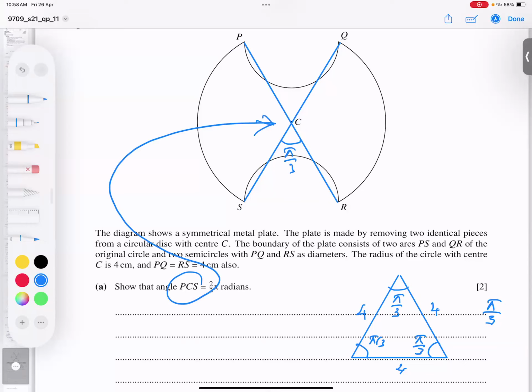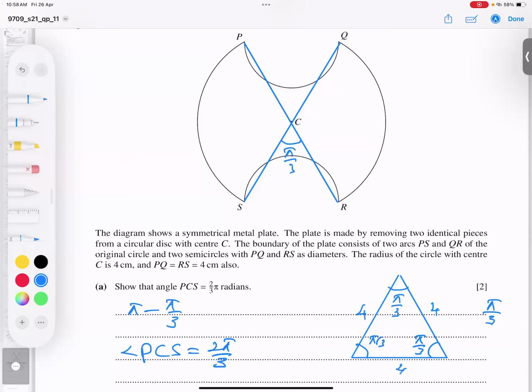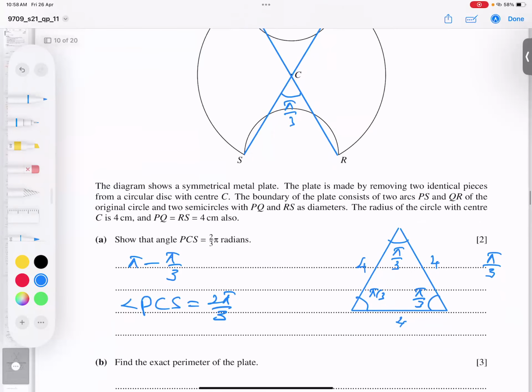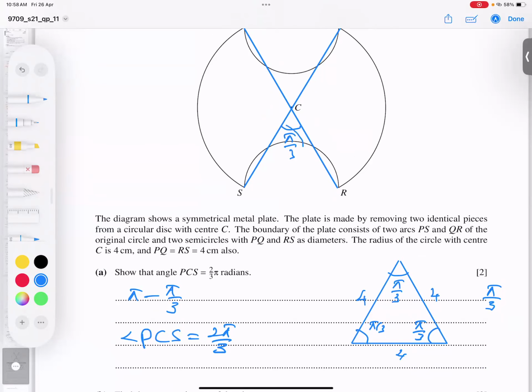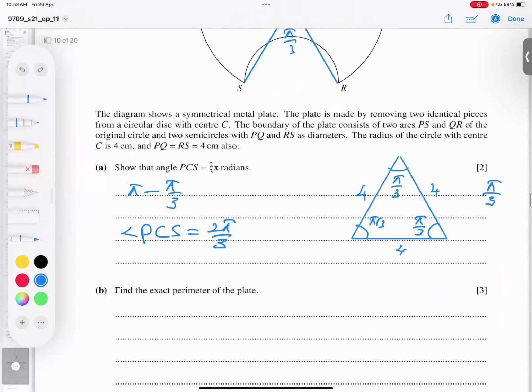A straight line is pi, so I can directly say pi minus pi by 3, which is 2 pi by 3. So angle PCS is 2 pi by 3. Don't forget this: this angle is pi by 3, but this one is 2 pi by 3.